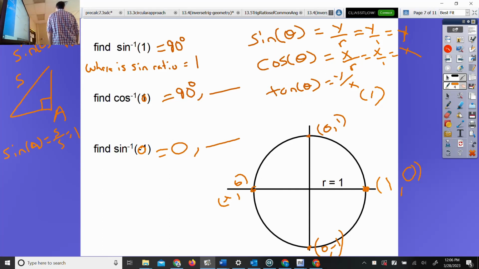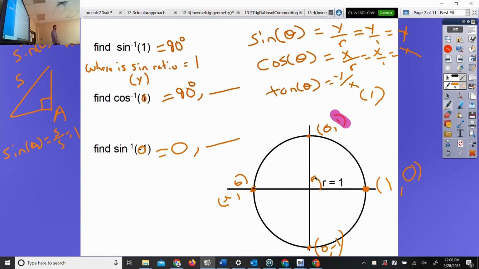Y. Psi, y. On a unit circle, where is the y value 1? How many degrees? Right there. That's 90 degrees of rotation. That's why your calculator said 90. Is there any other place on the unit circle where the y value is 1? None.